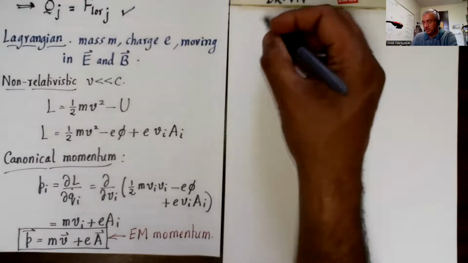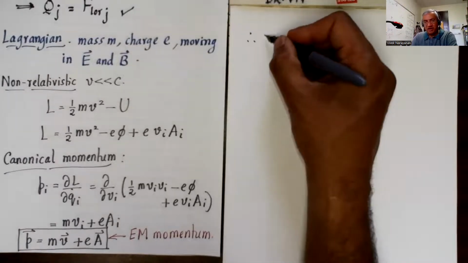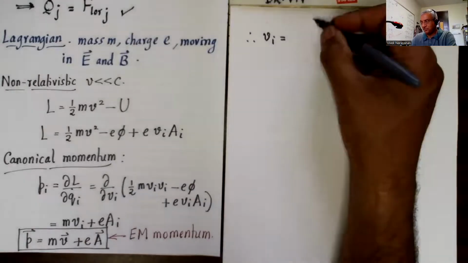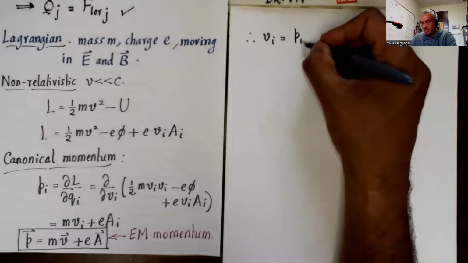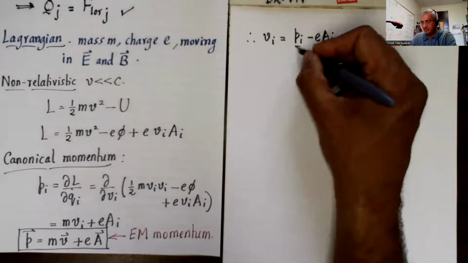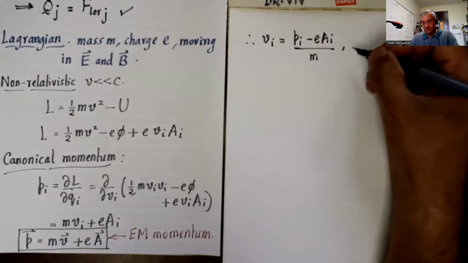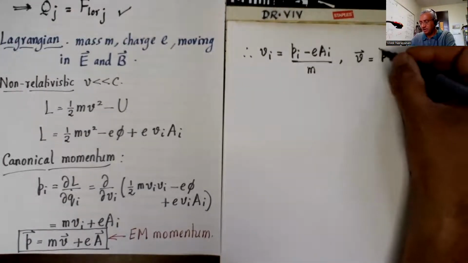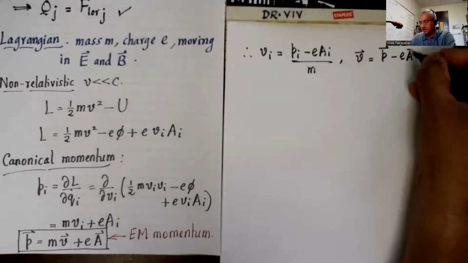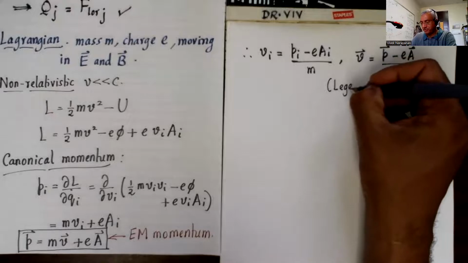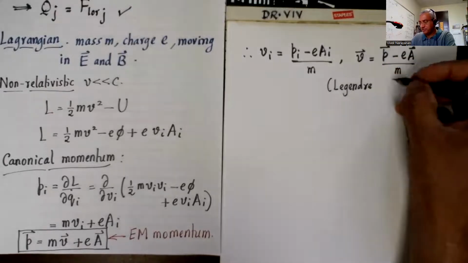Well, that's easy. Therefore, v_i is equal to p_i minus e times A_i, divided by m. Or in vector form, v equals (p minus eA) over m. So that's our Legendre transformation.